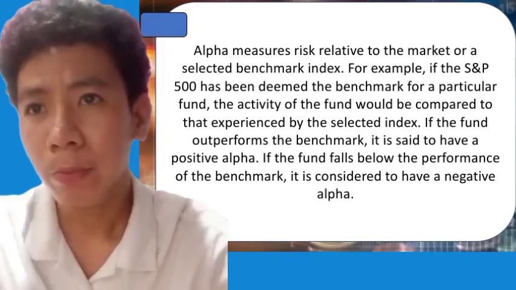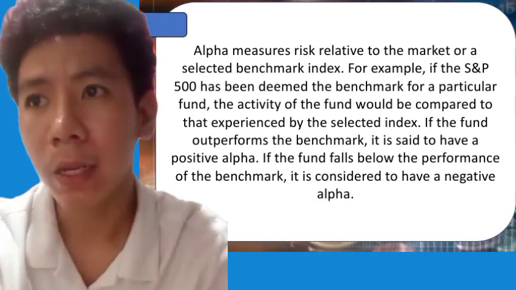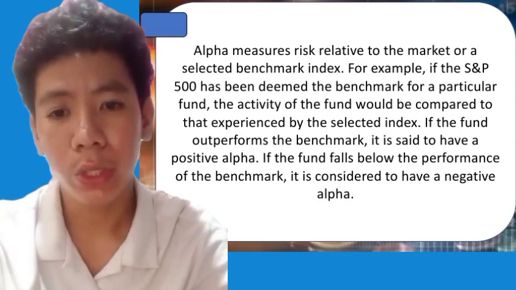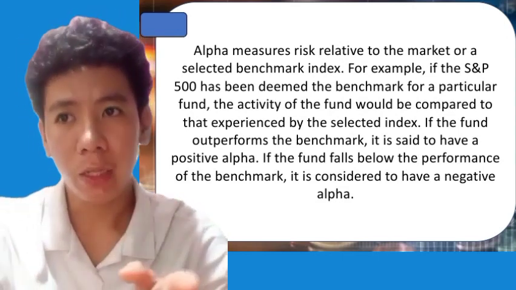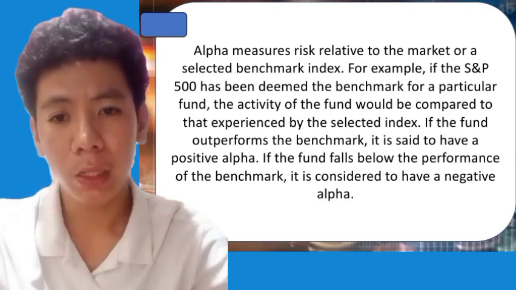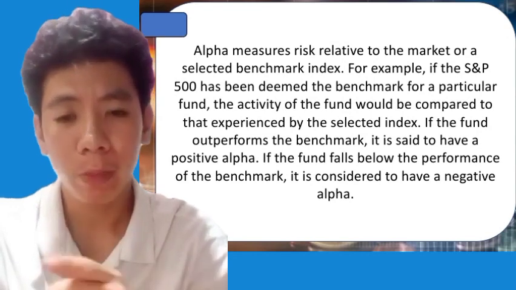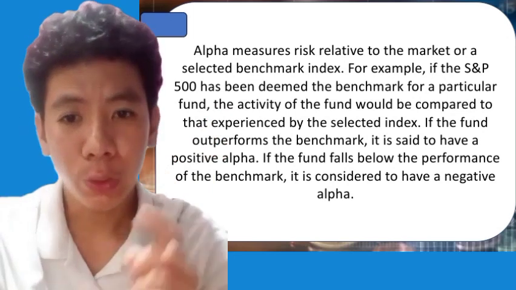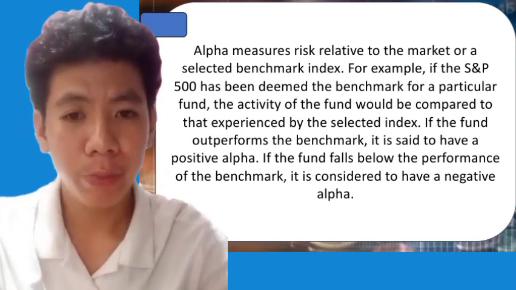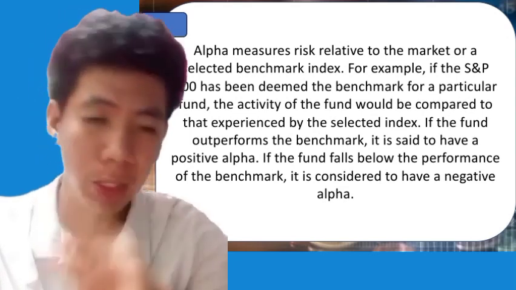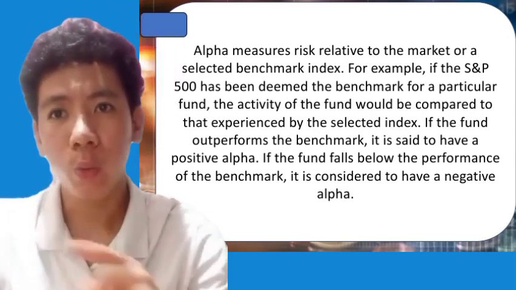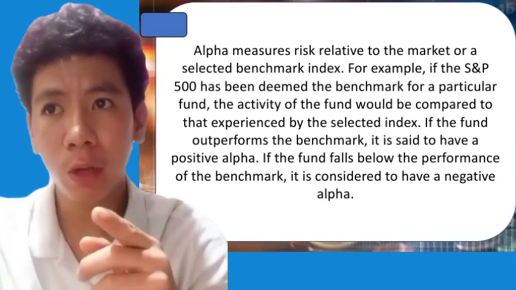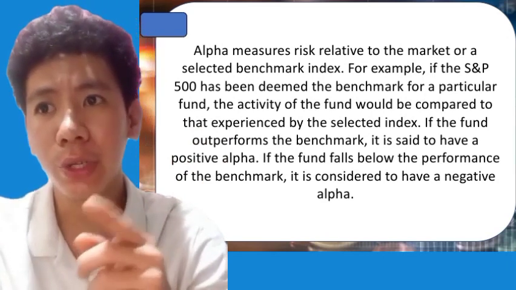Then the fund's alpha is calculated as alpha equals 15% minus open parenthesis 3% plus 1.2 times open parenthesis 12% minus 3% close parenthesis close parenthesis.